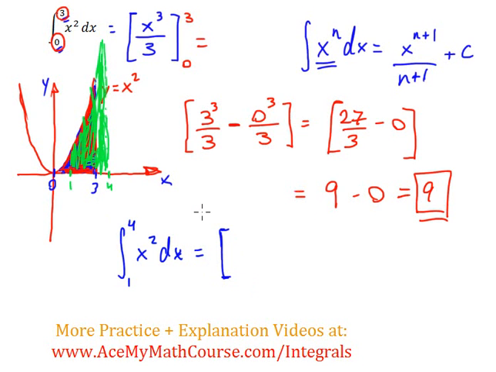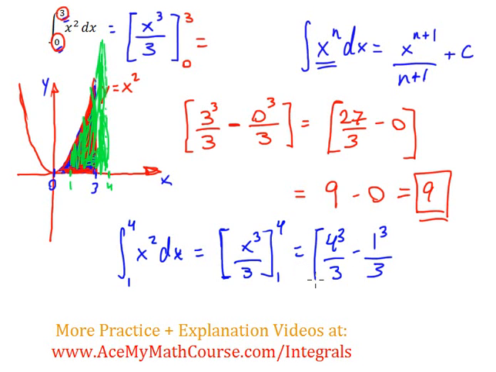Okay, but what would we do with the calculus or with our numbers here? We would have a 4 and a 1. So plug in the 4 first and then subtract the 1 plugged in for x as well. Hope that makes great sense to everyone.